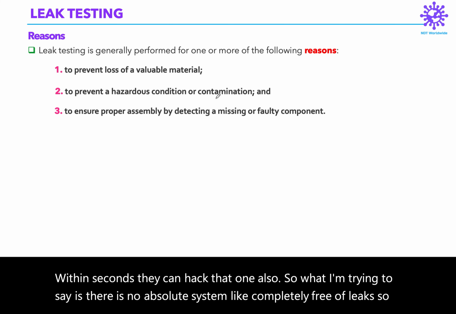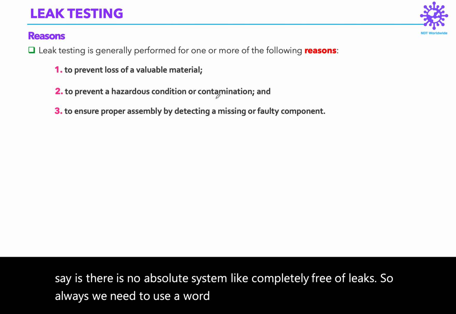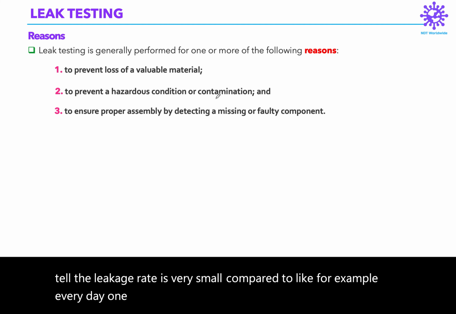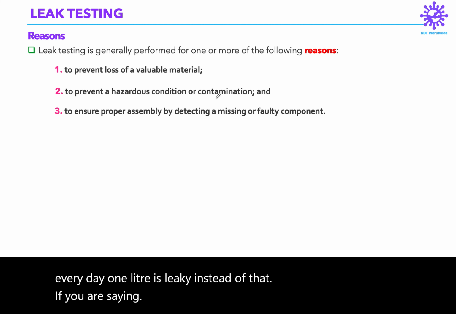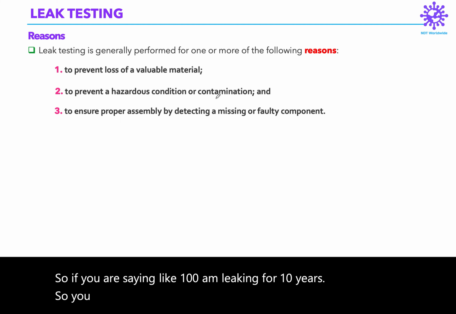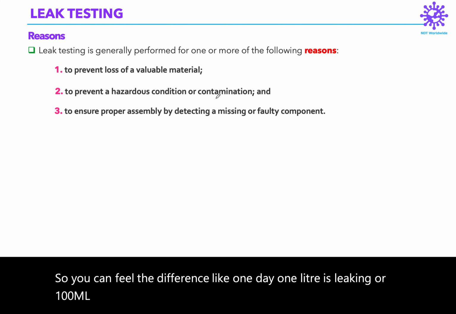So always we need to use a word called leak rate. Maybe you can say the leakage rate is very small compared to, for example, every day 1 liter is leaking. Instead of that, if you are saying 100 ml leaking for 10 years, you can feel the difference, like one day 1 liter is leaking or 100 ml is leaking for 10 years.